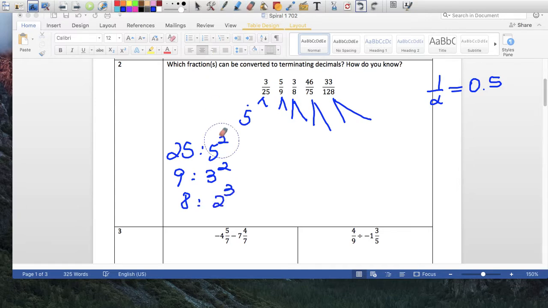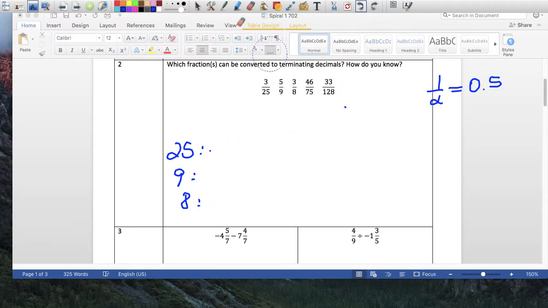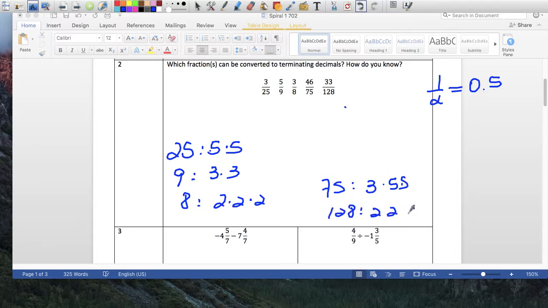Actually, I want to write it like this: 5 times 5. 9 is 3 times 3. 8 is 2 times 2 times 2. 75 is 3 times 5 times 5. And 128 is 2, 4, 8, 16, 32, 64, 128.